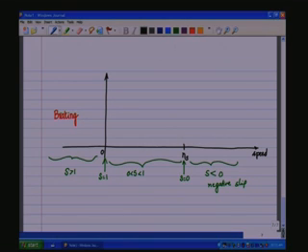In the region beyond the synchronous speed, it is in the generating mode, acts as a generator, and in the region between 0 and synchronous speed, the motor behaves like a motor, the motoring mode. These are the three modes in the case of the induction motor.